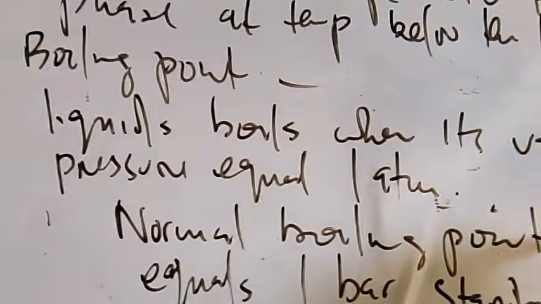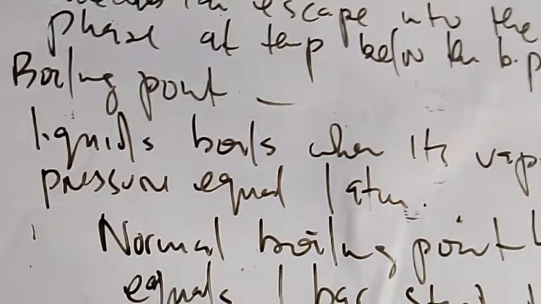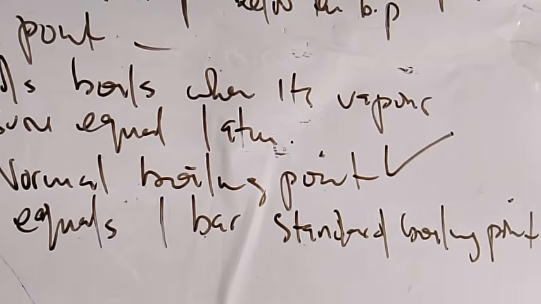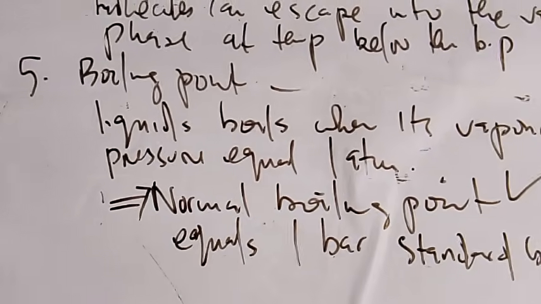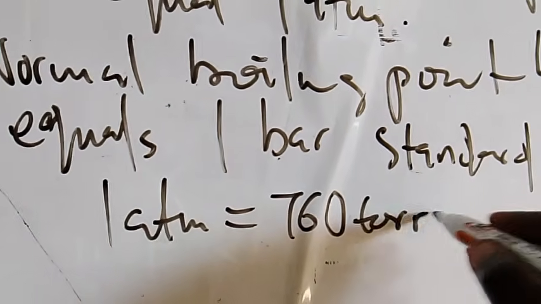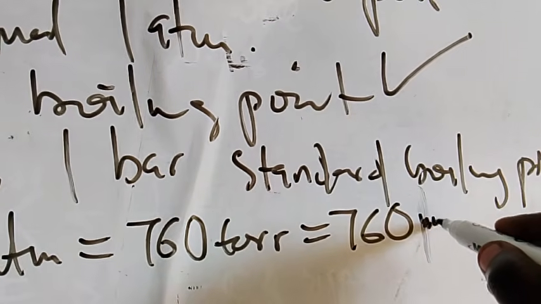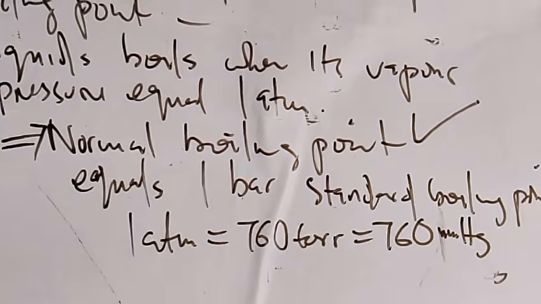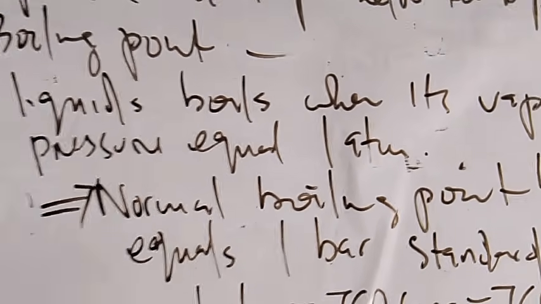But at this point we shall concentrate on the normal boiling point, which occurs at 1 atm, equal to 760 millimeters of mercury.